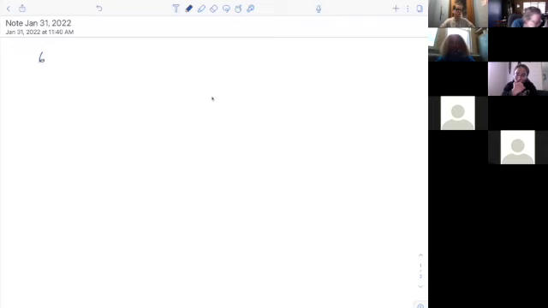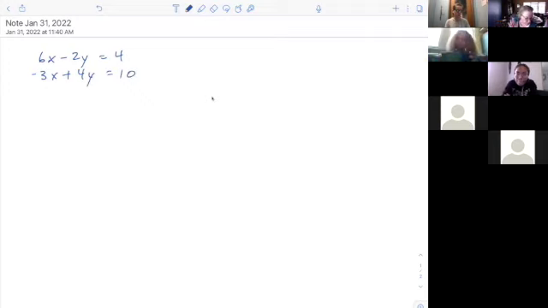It's going to be 6x - 2y = 4, -3x + 4y = 10. To put that in a matrix, we just create a matrix, and it looks like this. We have a column for each variable. So x is a variable, and the coefficients of x are 6 and -3. We have a column for y, and its column looks like that.